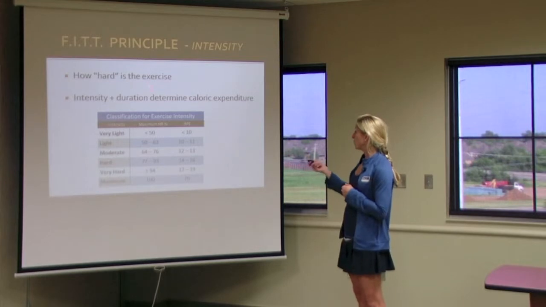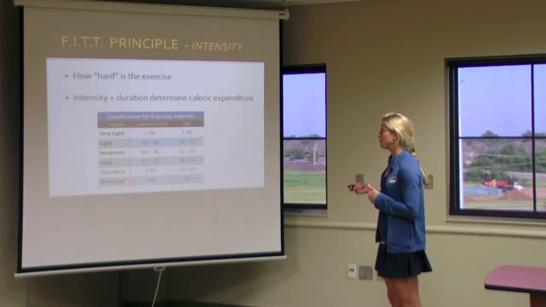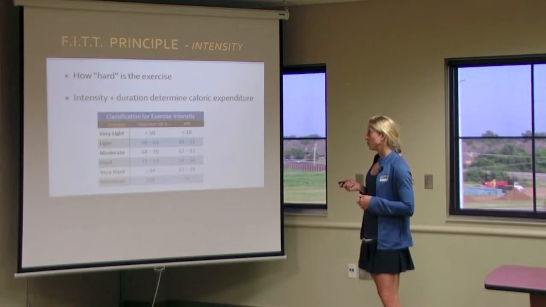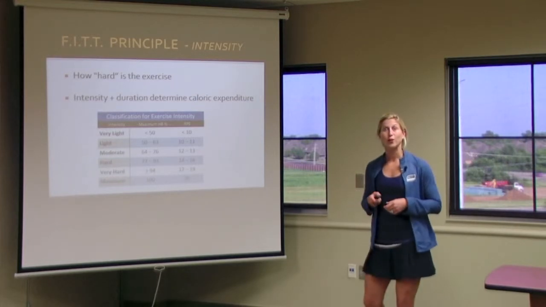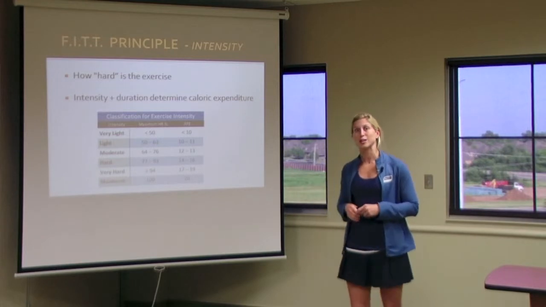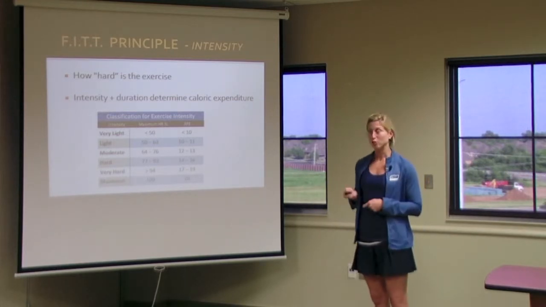So from anywhere from very light, moderate, hard, very hard, and maximum. That wording and these heart rate ranges will be referred to during the rest of the chapter and in your exercise prescription for clients for the rest of your career. So buckle up.